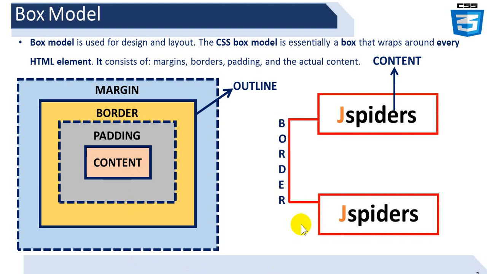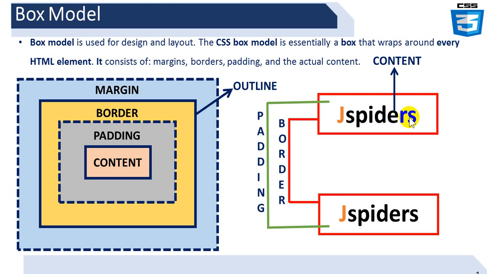So JSpiders is the content, surrounded by a box, which is the border. There is a space between the content and the border. Yes or no? The space between the content and the border is known as padding.